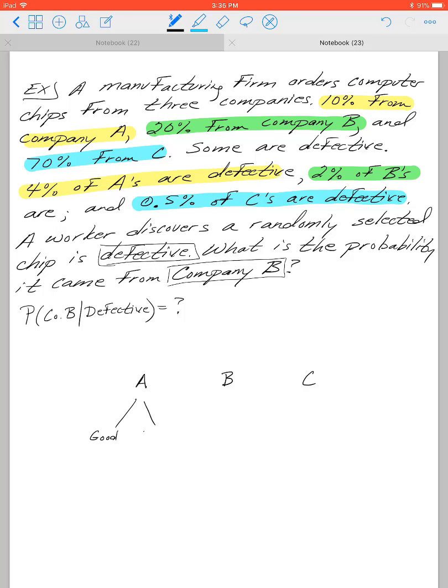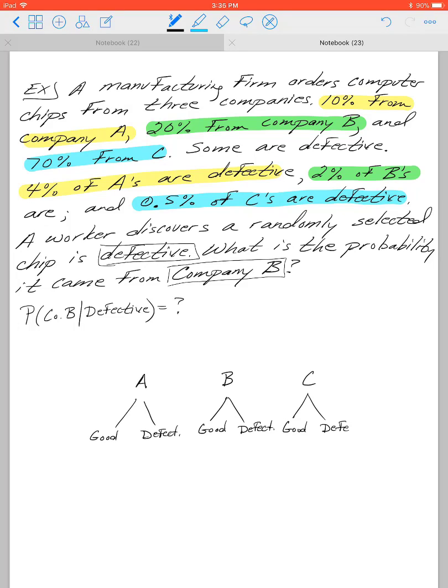Company B: if the chip comes from company B, it also could be good or defective. Company C, same thing. Good, defective. So this is the tree showing what can happen.